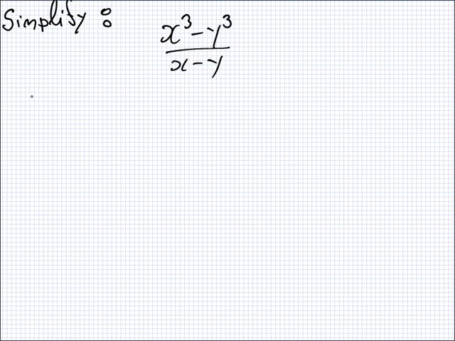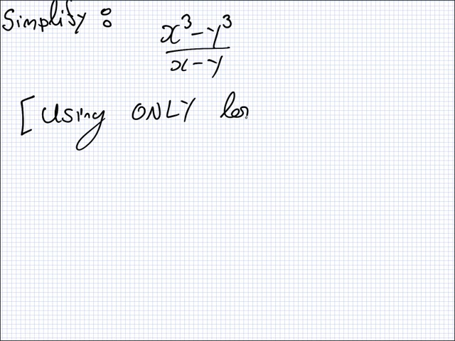And I should put in a note here, using only long division. Because I know there's another way to do this if you know the formula. But no. Using long division, simplify this. Now you'll get the same answer, but see what happens. Give it a try.